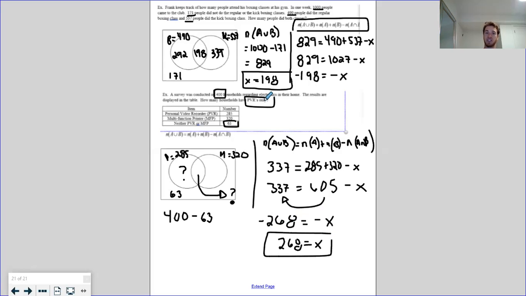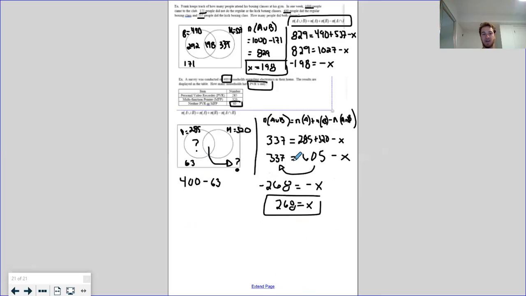But our question originally wasn't both. It's PVRs only. So then they're just trying to trick you. Remember, this circle is going to be 268 right there. So the total circle is 285.